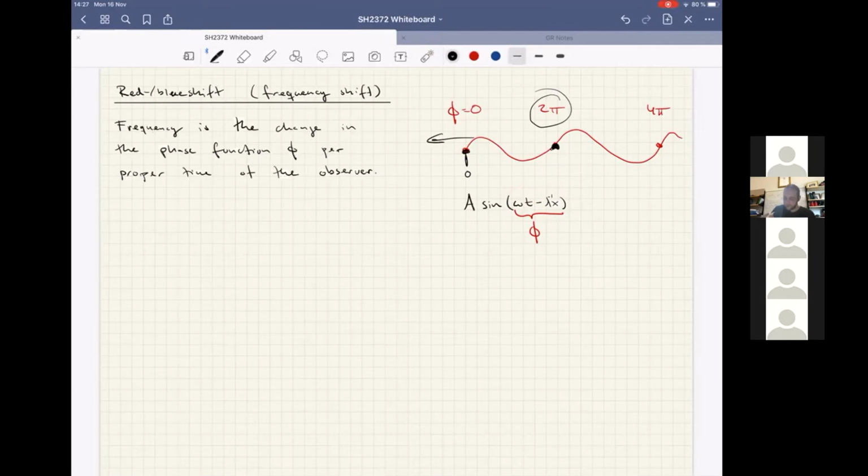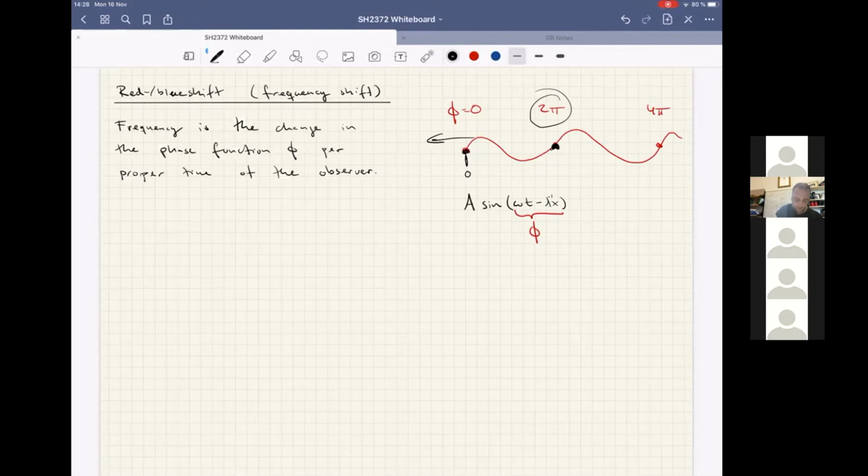So it is indeed the change of the phase function with respect to the proper time of the observer. So the question is going to be, if I look at the world line of an observer, how much does the phase function change when I increase the proper time of the observer?